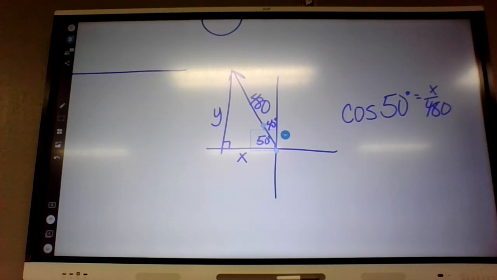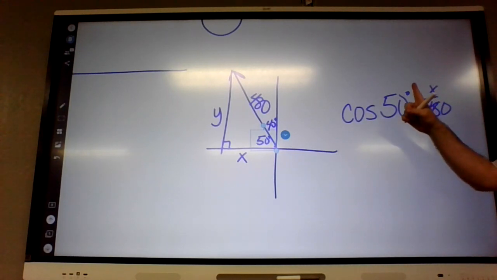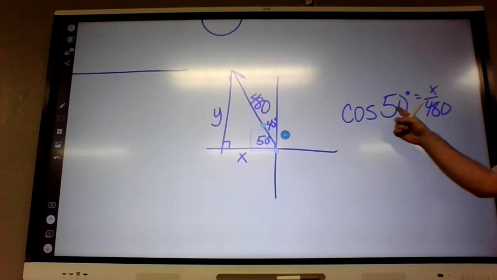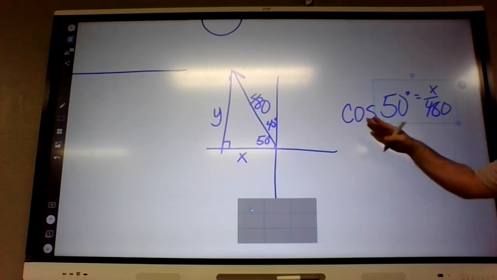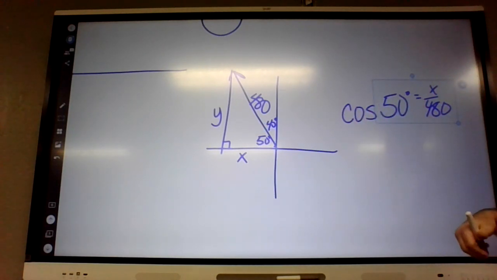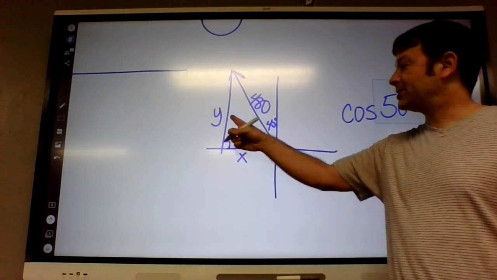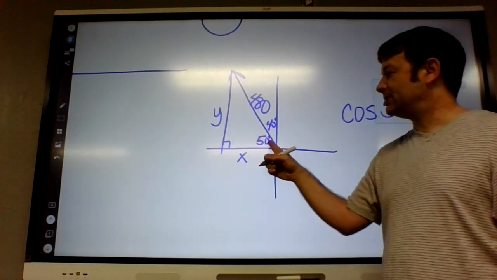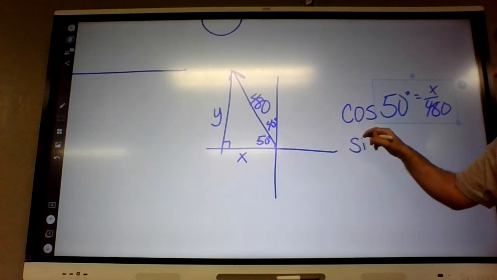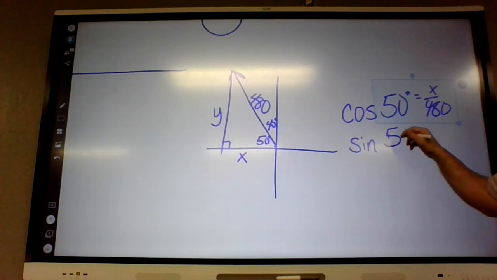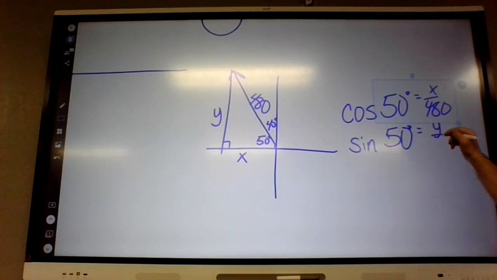What do we plug in the calculator to solve that? Times 480, yeah. You could do 480 times cosine 50. Okay, same thing for y, except y is the opposite over the hypotenuse. Opposite over hypotenuse is sine. So sine of the angle equals opposite over hypotenuse. So you do sine times 480.